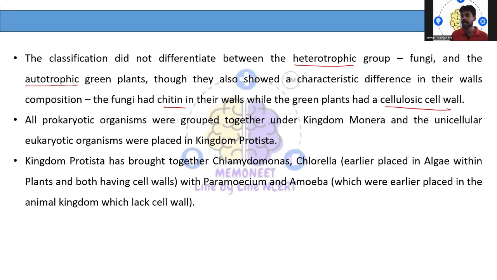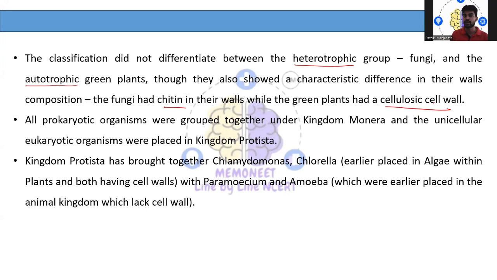Again, the classification happened, where some of the organisms came as different kingdoms, like fungi and bacteria. All prokaryotic organisms were grouped together under the kingdom Monera.